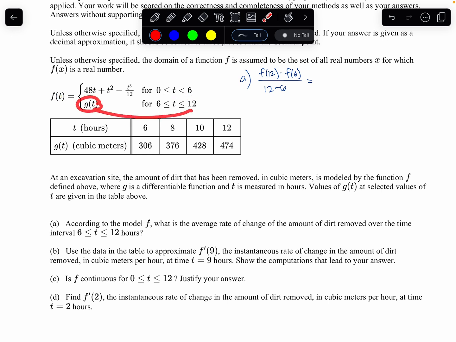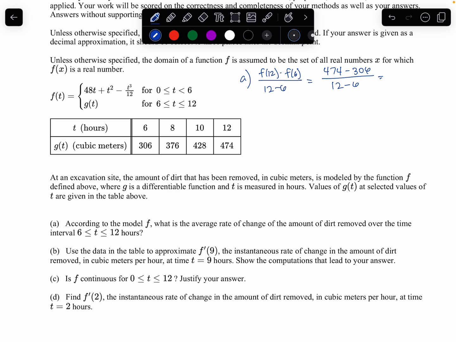So f of 12 is equal to g of 12, and g of 12 is 474. Minus f of 6. F of 6 is going to be equal to g of 6, and that's equal to 306. Over 12 minus 6.